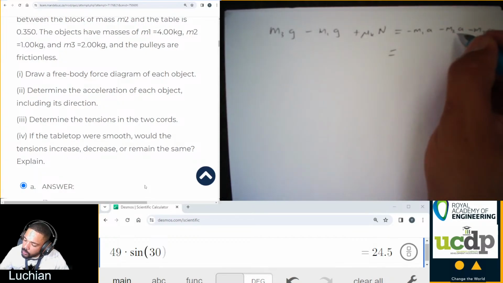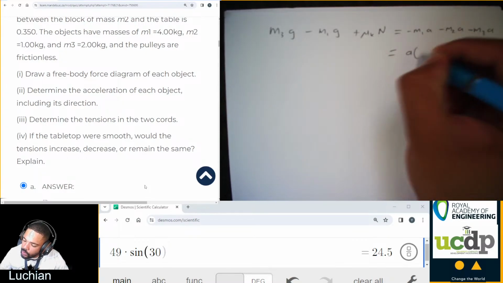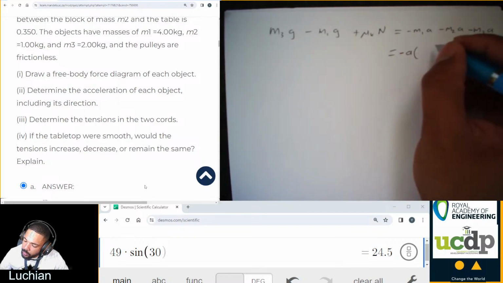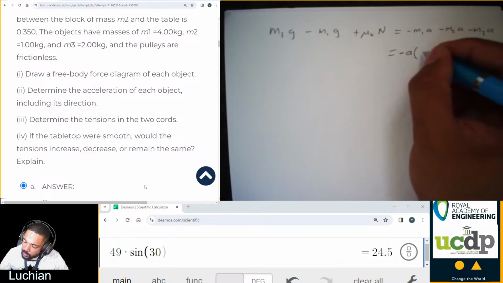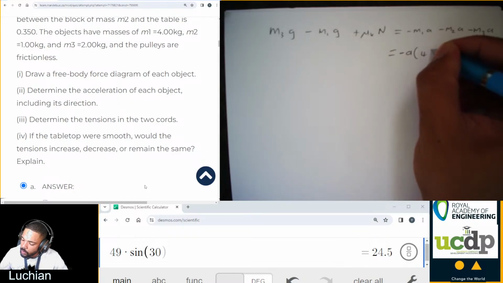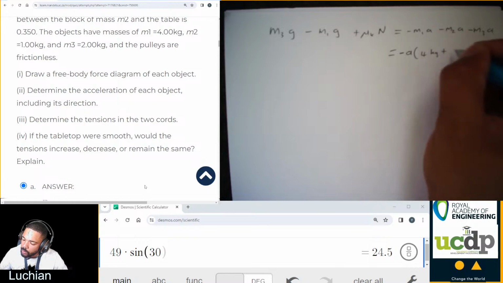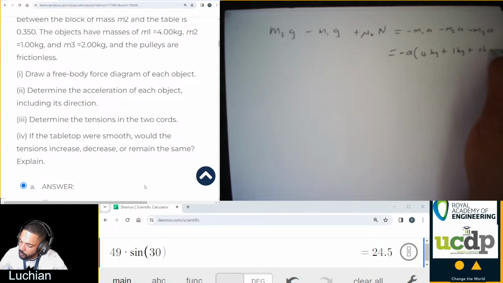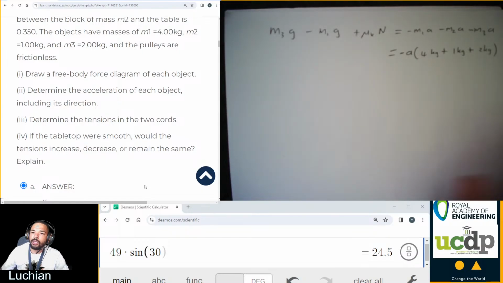Now, of course, you can take out the acceleration and the negative sign, and you'll have that the total mass is M1 plus M2 plus M3, which is 4 kilograms plus 1 kilogram plus 2 kilograms, times the acceleration.